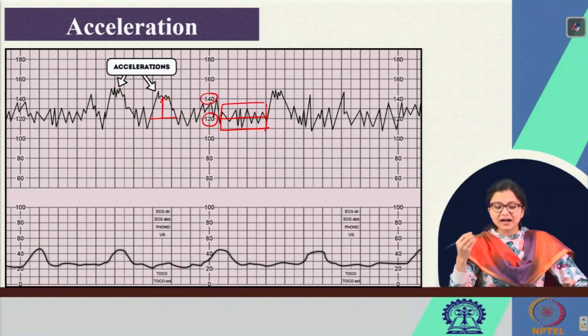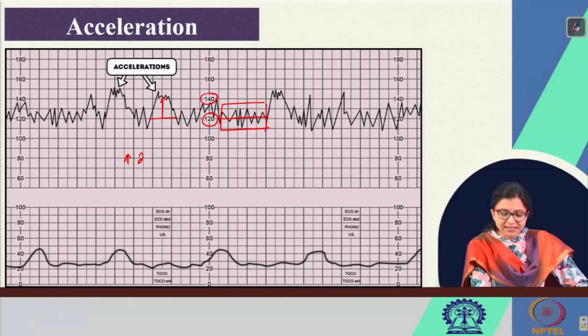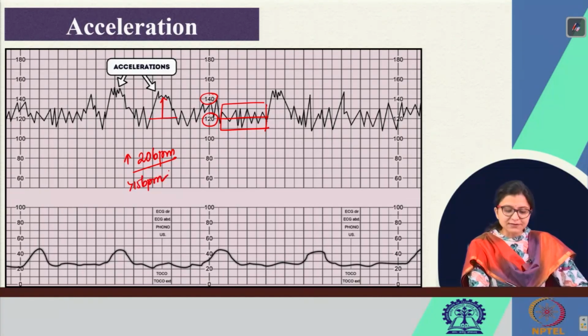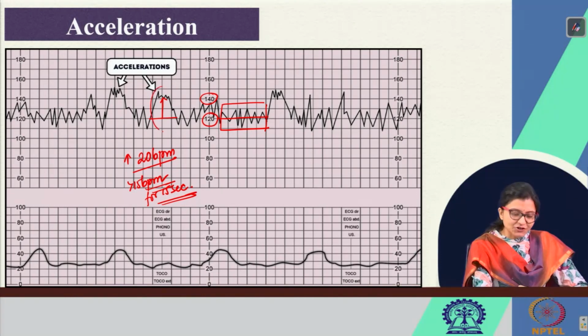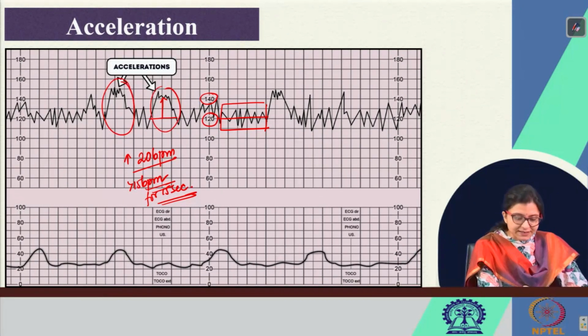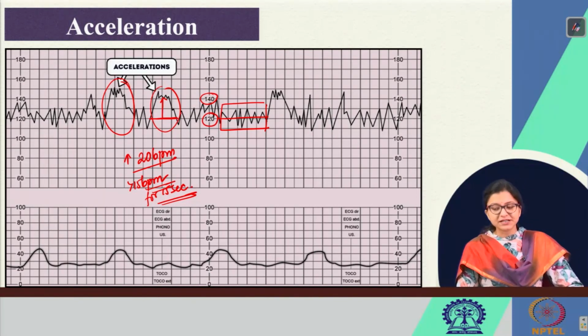So, the increase in heart rate has been by 20 beats per minute. If the increase is more than 15 beats per minute and it stays for 15 seconds, then you consider this to be an acceleration. So, this is an acceleration, here this is another acceleration. Why? This is persisting, it is more than 15 seconds.